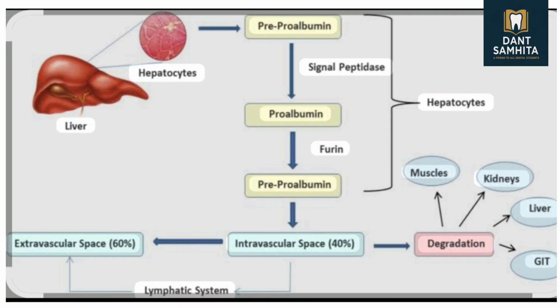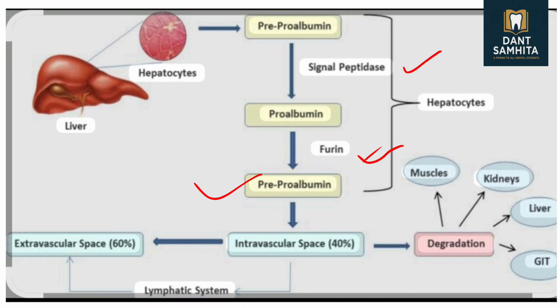On the action of signal peptidase, the pre-proalbumin will change into proalbumin, and on the action of furin, the proalbumin will form albumin.